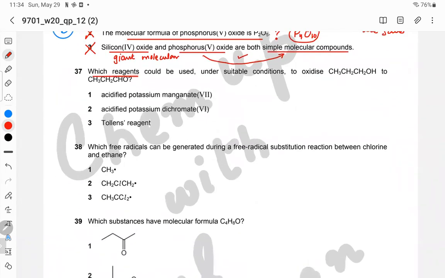Which reagents could be used under suitable conditions to oxidize alcohol? And if you look more specifically, this is a primary alcohol, right? And this is CHO. CHO is an aldehyde, right?